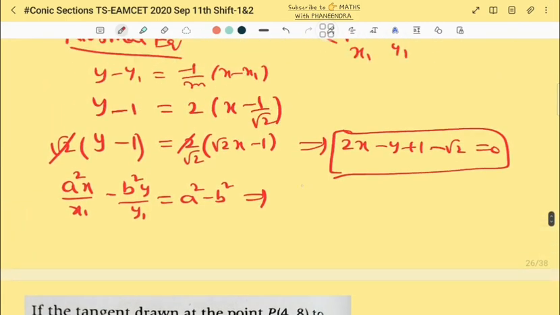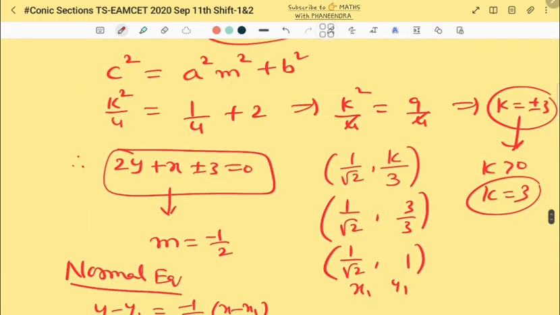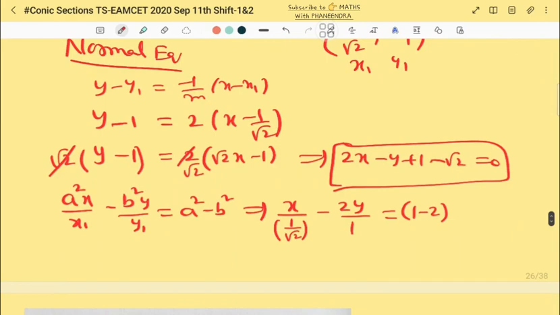So a square value 1, x by x1 value is 1 by root 2, minus b square value 2 into y by y1 value 1, equal to a square minus b square. So 1 minus 2.